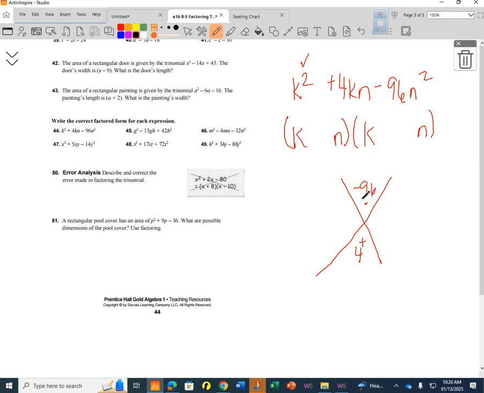So if this is a negative 96, what do I know about the signs of my two factors? What do you think, Jaden? Perfect. One is going to be negative and one's going to be positive. So negative 96 means one factor is positive and one factor is negative. I don't know which is which yet.